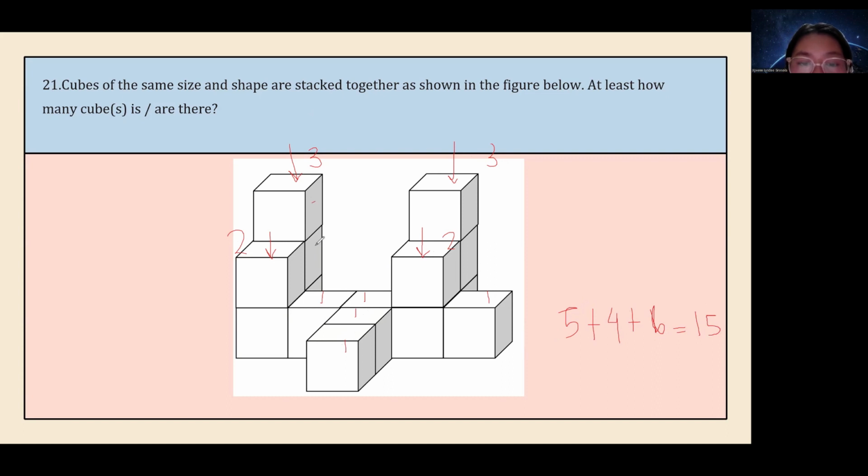Okay, check. 1, 2, 3, 4, 5, 6, 7, 8, 9, 10, 11, 12, 13, 14, 15. Again, the correct answer is 15. Okay, next.